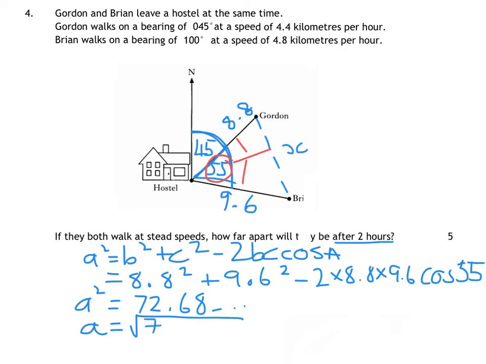So a is the square root of that number. They've not mentioned any kind of rounding, so I'm just going to do one decimal place. So that's 8.5, and it was kilometres. And that's my answer, that's how far apart they are.